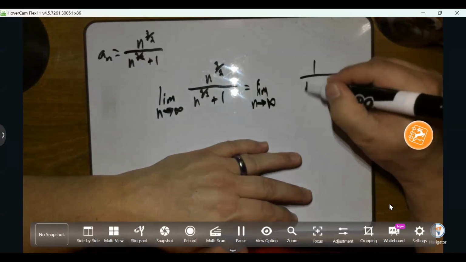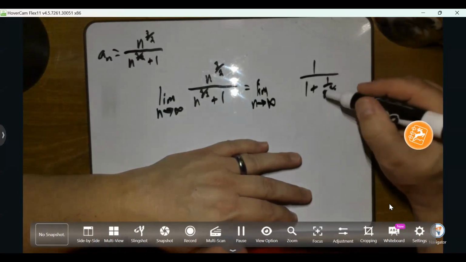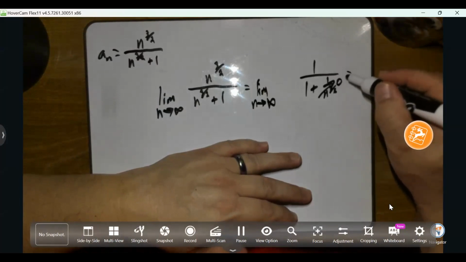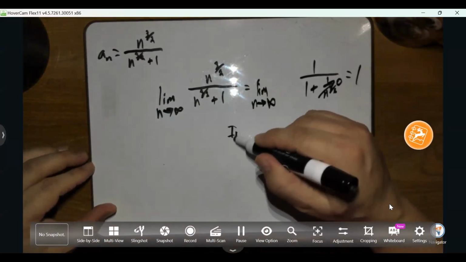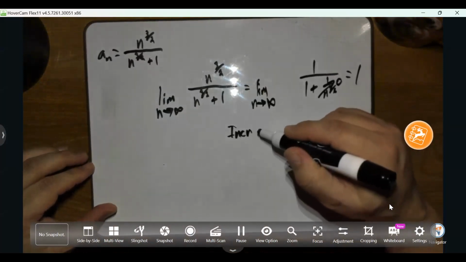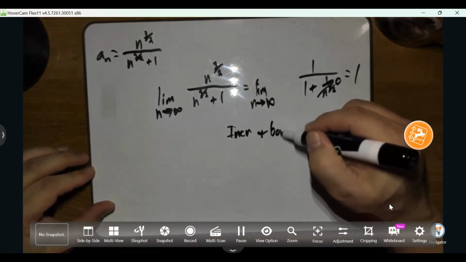So we get 1 plus 1 over n to the 3 halves. And of course, this goes to 0. So this whole thing goes to 1. And so we're increasing and we're bounded.